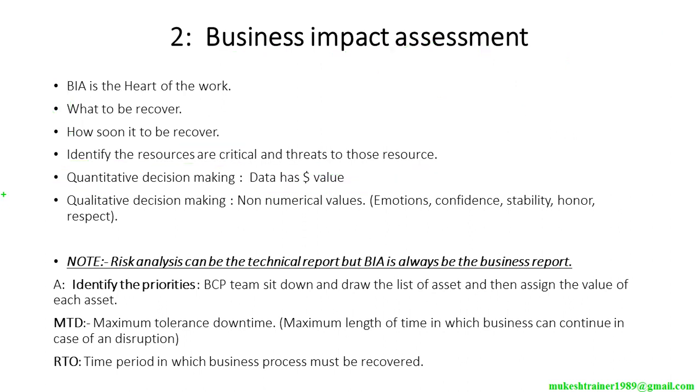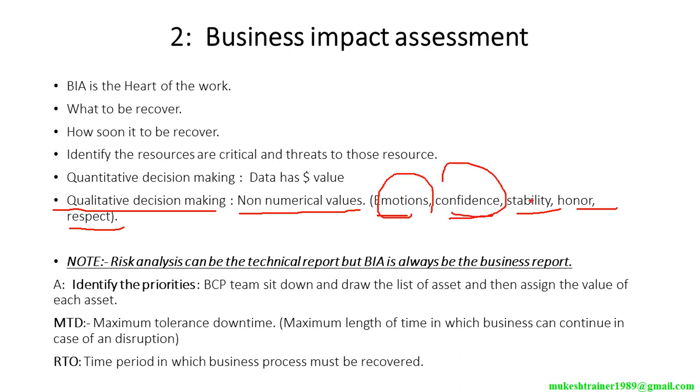Next is qualitative decision making: non-numerical value like emotion, confidence, stability, honor, respect. Sometimes the data doesn't have monetary value but does have emotional value, stability, honor and respect. So this is also qualitative decision making.